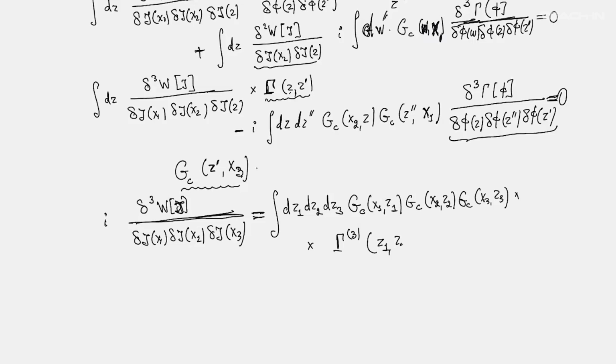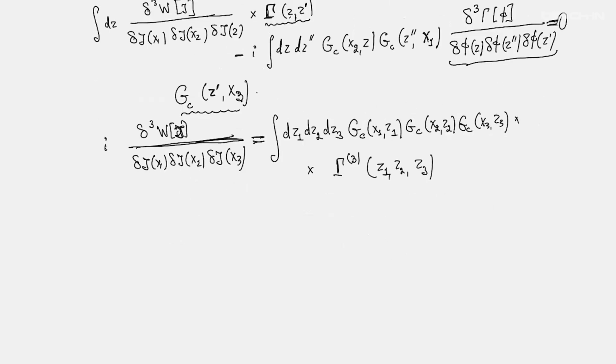And this means that the expression on the left-hand side, this derivative here, is nothing else but, by definition, a connected Green's function depending on x1, x2, x3. So this is the Green's function G_C depending on x1, x2, x3.